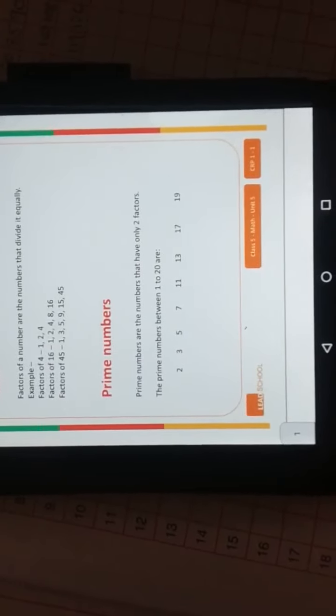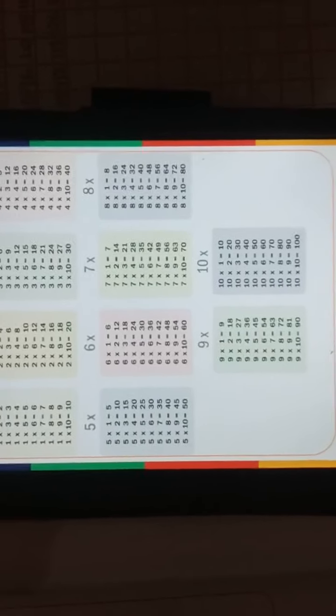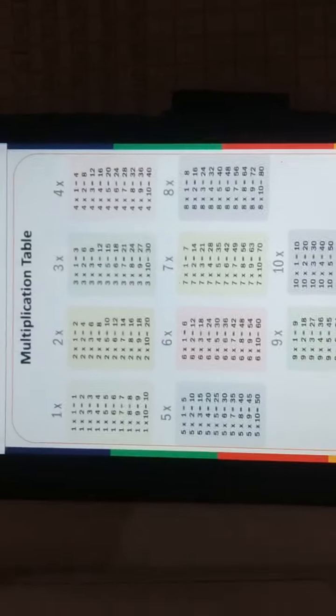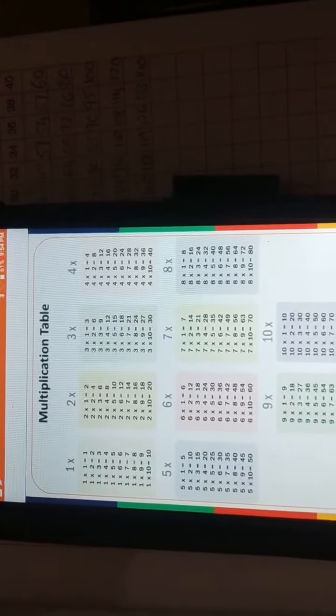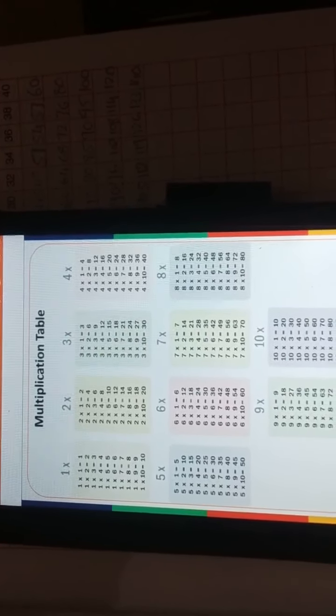Now look at this, everyone, and write it down in your notebook. Okay students, now look at this. Multiplication tables: you all know how to write the tables 1 to 10, but I'll also explain.